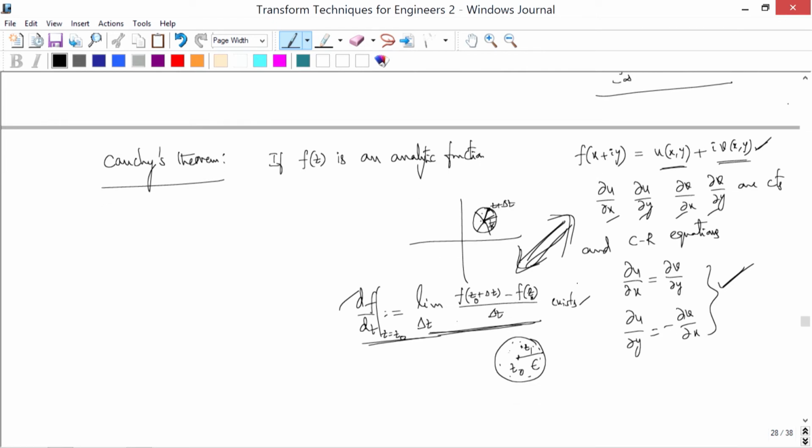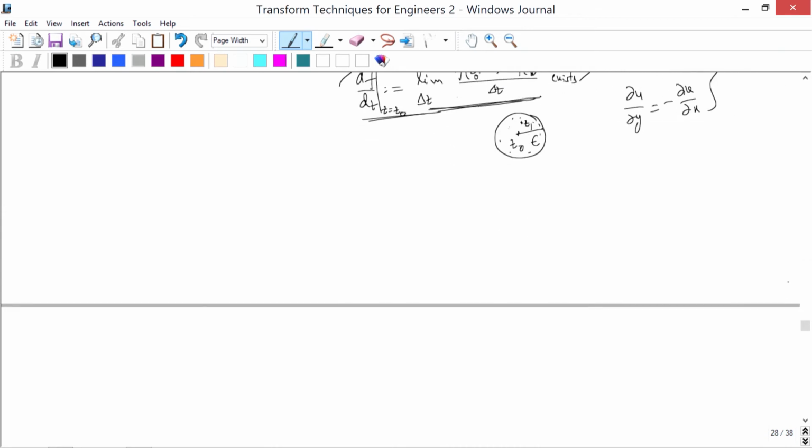So, if you take such an analytic function, let me write the Cauchy theorem here. If f is an analytic function, f of z is analytic in an open region.